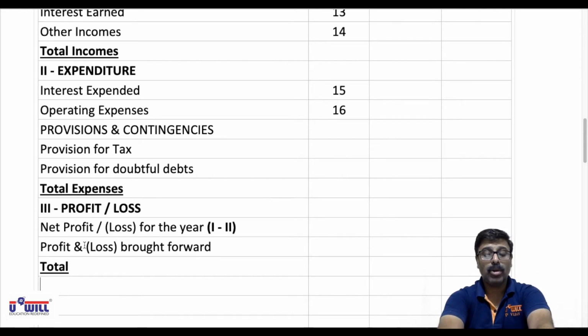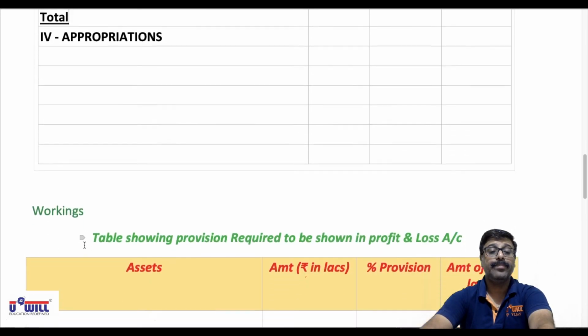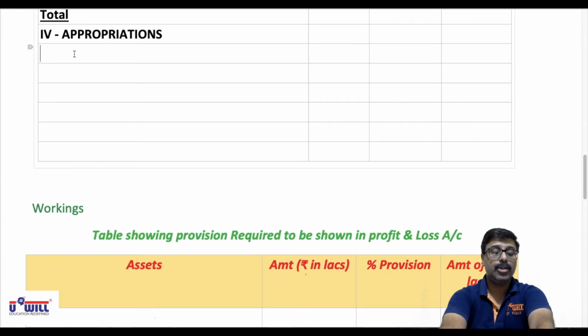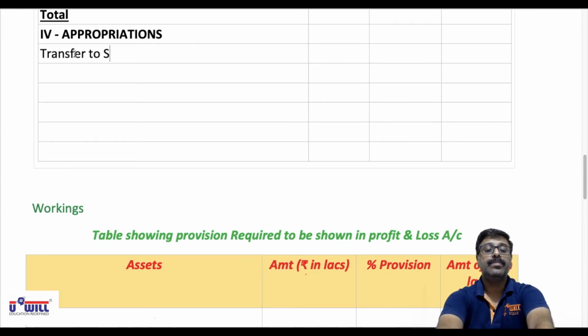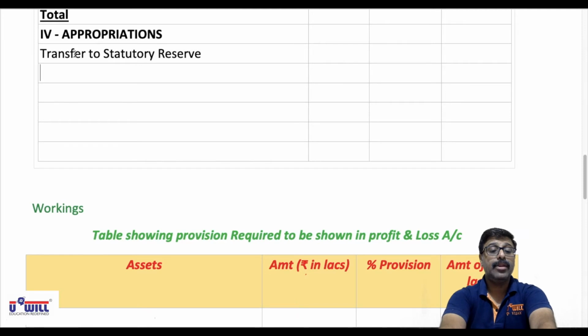Then we will have the fourth item, that is appropriations. Within that, we will have first transfer to statutory reserve, which is 25% of net profits. We'll see that when we make the P&L statement items in detail. Transfer to any other reserve.